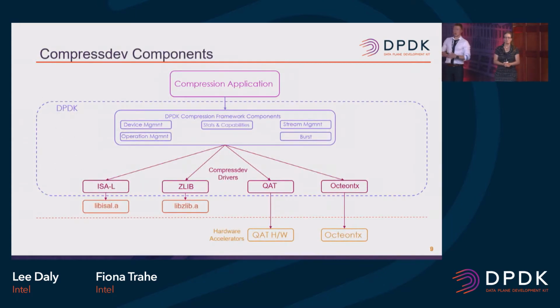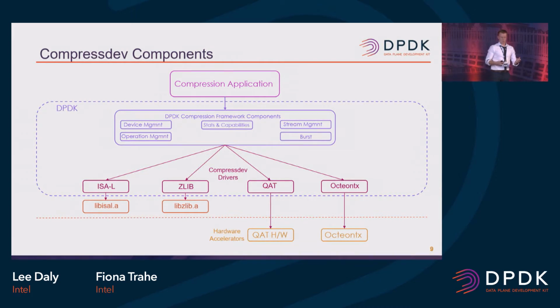Then to talk about how the API actually fits into the DPDK framework itself. We see here we have an application that will utilize our compressdev APIs. Most of them are generic APIs: your device management, your stats capabilities, and then we have your stream and private transform management. That's what Fiona was mentioning earlier, whether you're doing stateful or stateless, which will depend on your use case. We have operation management.